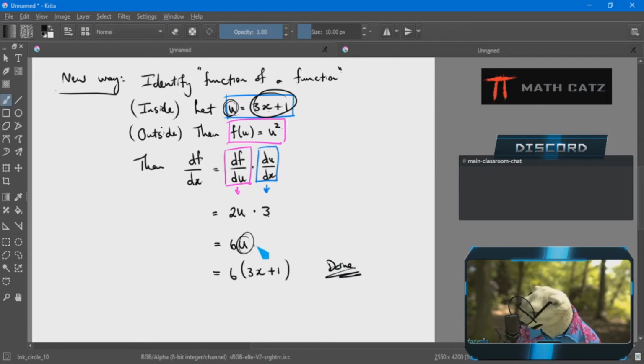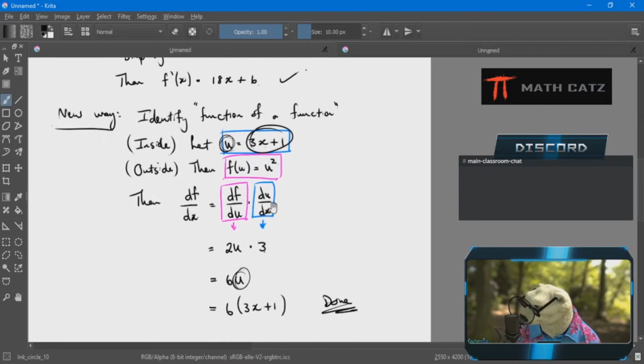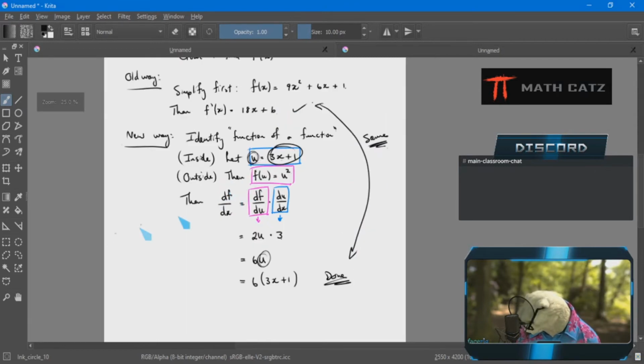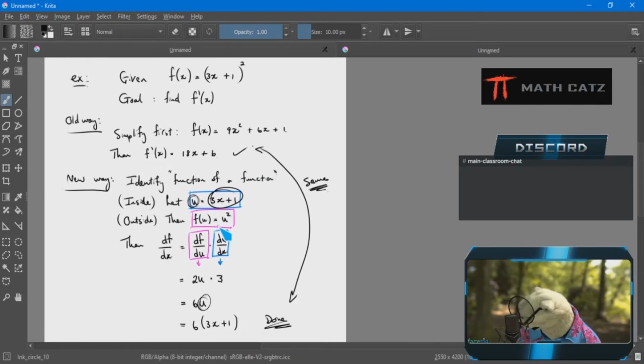Now, do these match? Yes, they do. The derivative is unique. If I'm finding the derivative, there is only one answer. How I find it? Well, sometimes I have a choice. Now, this seems, for sure, like an unnecessary thing to do.